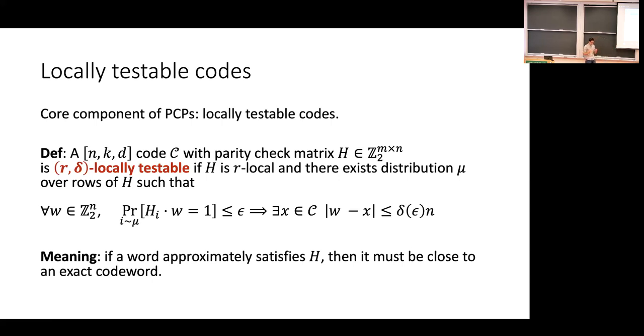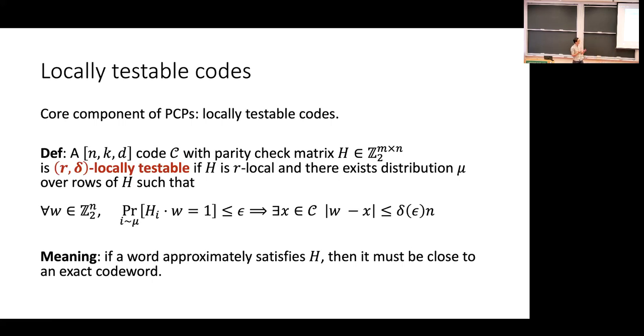And let's say the row is violated with probability only at most epsilon. So only an epsilon fraction of the rows are violated by this supposed code word W. That in fact tells you that W must be delta of epsilon close to an exact code word.